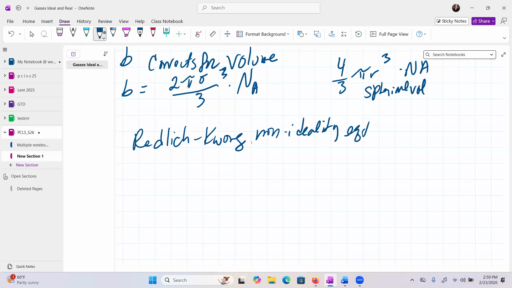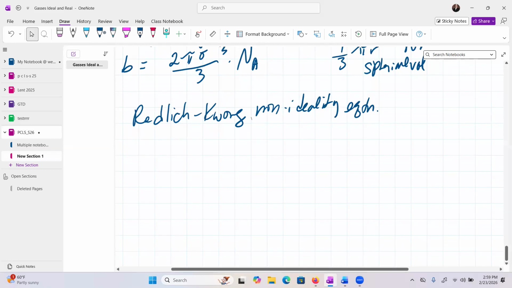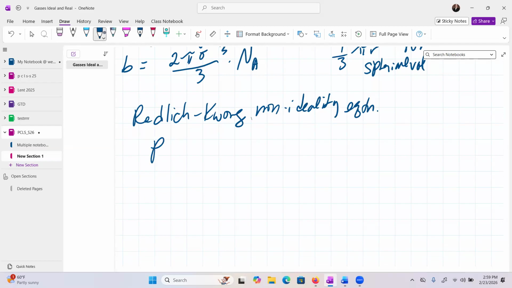All right, and this one also is going to look a little bit like PV equals nRT, but a little different. So let's see what this one looks like. P = RT/(V̄ − β) − A/(T^(1/2) V̄ (V̄ + β)).